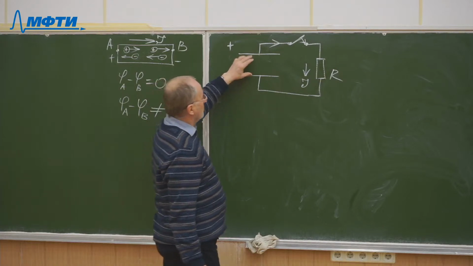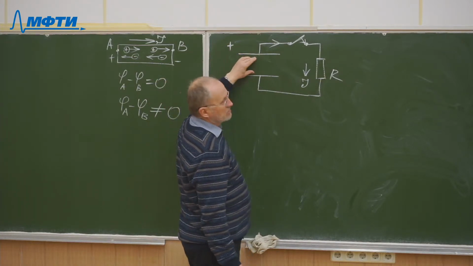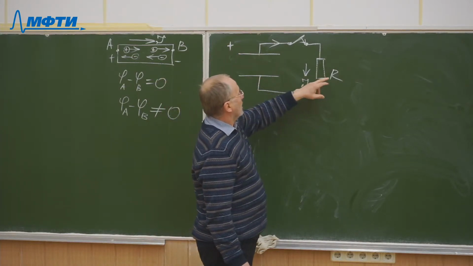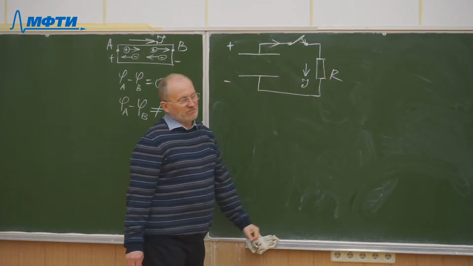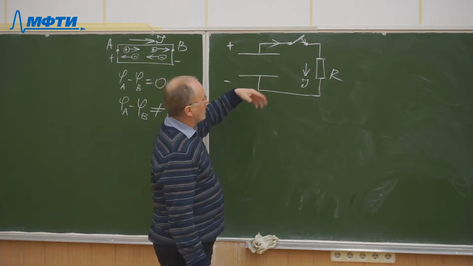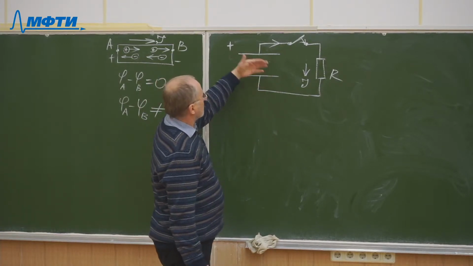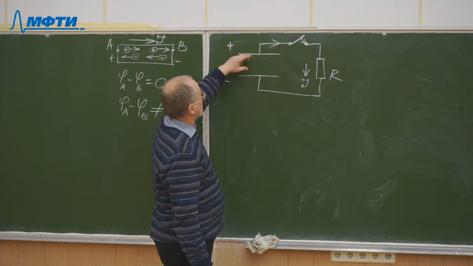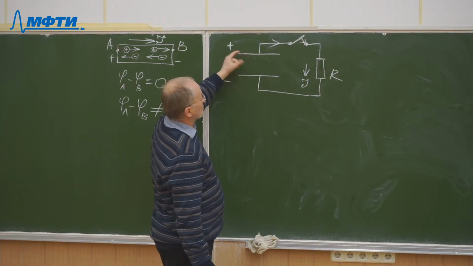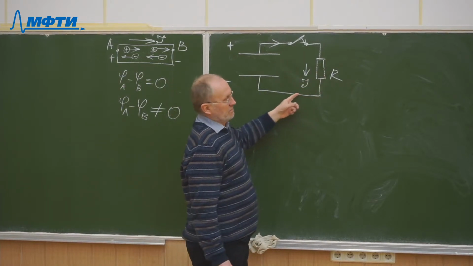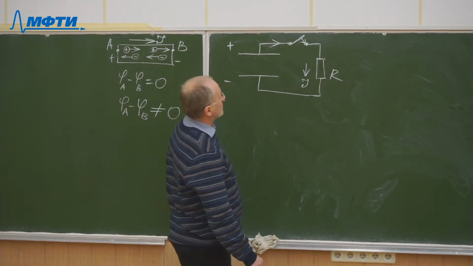If the capacitor is not very large and the resistor is not very large, then this will happen very quickly, in just some portions of a second. The potential difference will decrease from the initial potential difference to zero, and the current will stop. It will cease to exist.